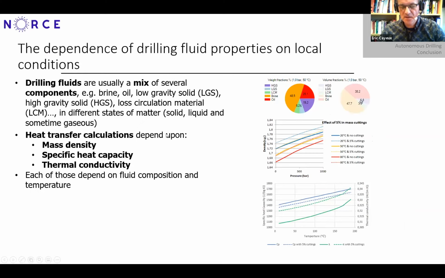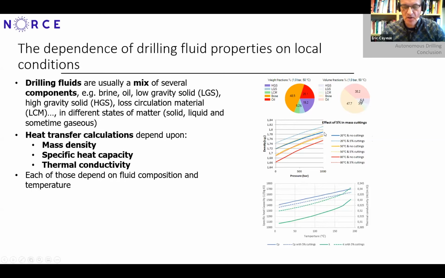Now, the characteristics of the fluid are dependent on many different things. Drilling fluids are a mix of different components, both solids, liquids, and sometimes gaseous. And because of that, the heat transfer calculations depend on the actual mass density of the fluid and the specific heat capacity and thermal conductivity of the fluid. Those characteristics are dependent on the composition, and they are also dependent on the local condition of pressure and temperature.